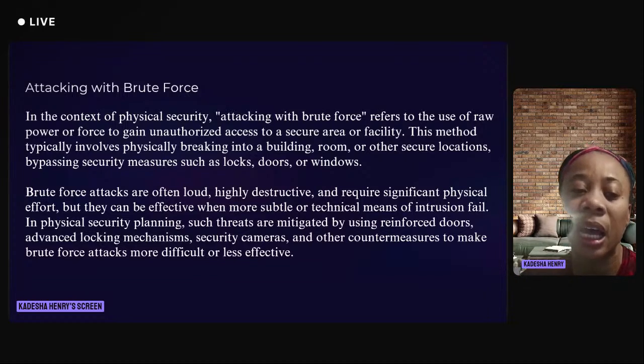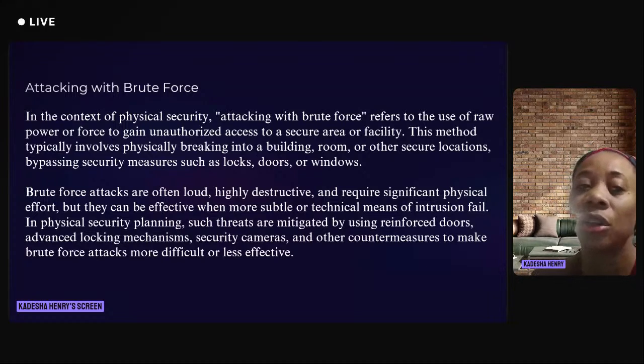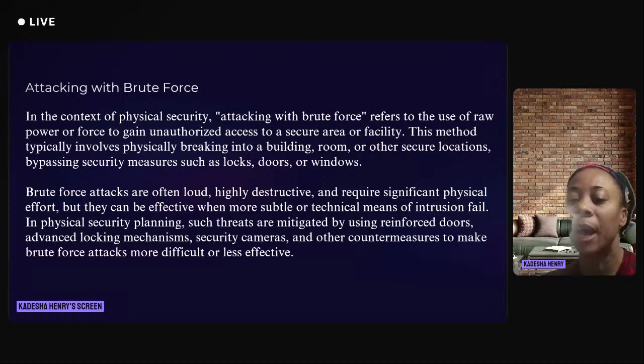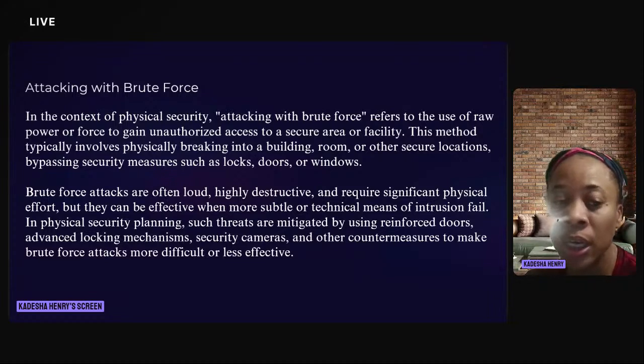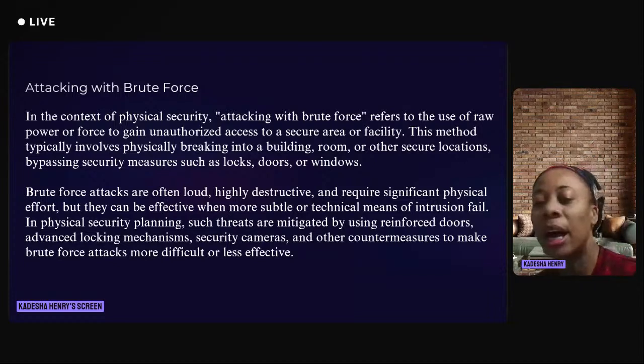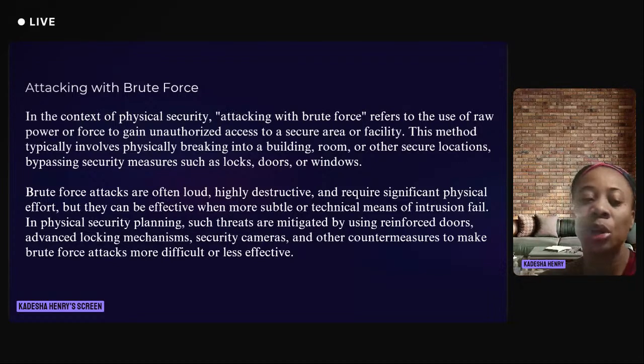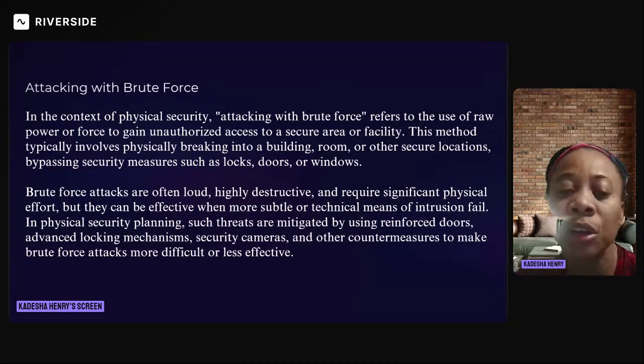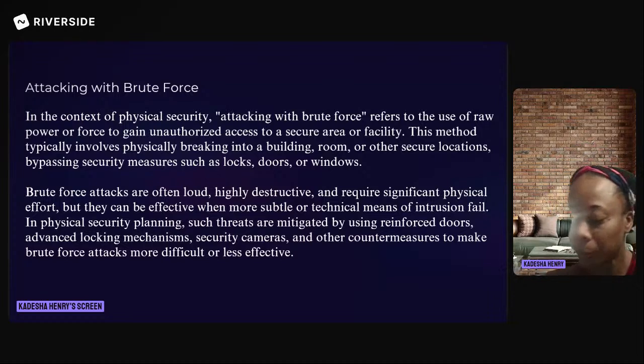So you have to understand that in physical security planning, such threats are mitigated by using reinforcing doors, advanced locking mechanisms, security cameras, and other countermeasures to make brute force attacks more difficult or less effective.